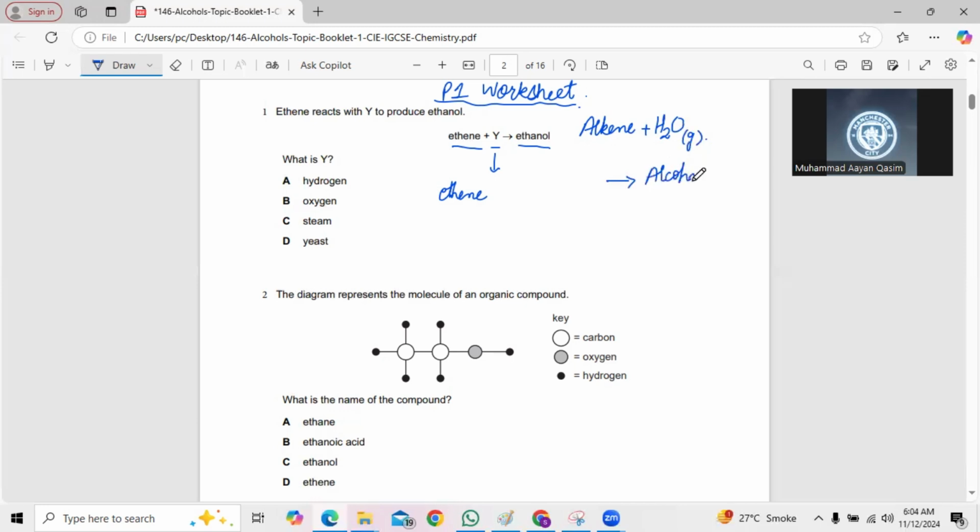So if this is ethene and it's going to react with steam to form ethanol, the answer is steam. And remember, the conditions are that it reacts with steam in the presence of phosphoric acid, at a temperature of 300 degrees Celsius and a pressure of about 60 atm. Is that clear?